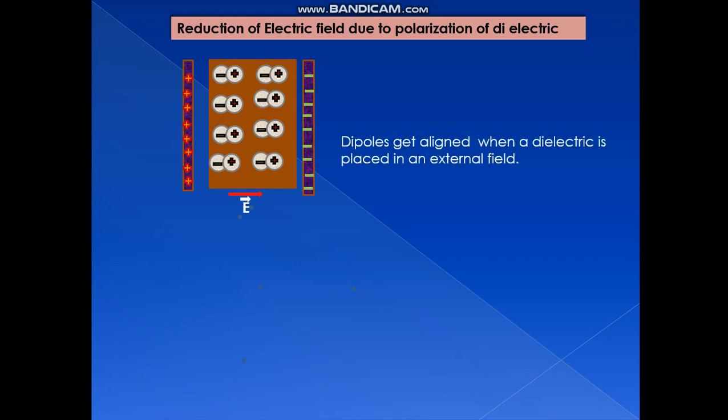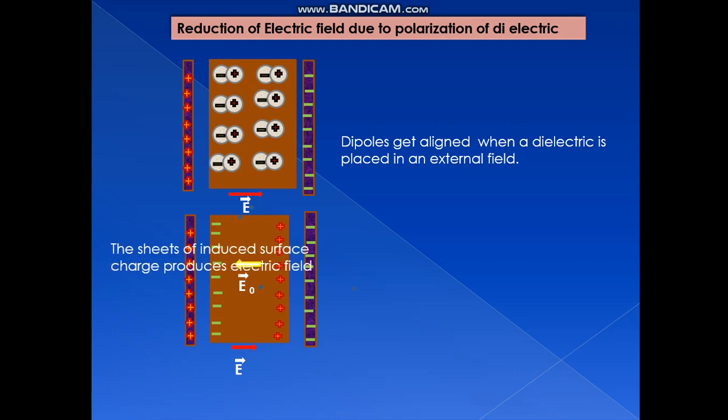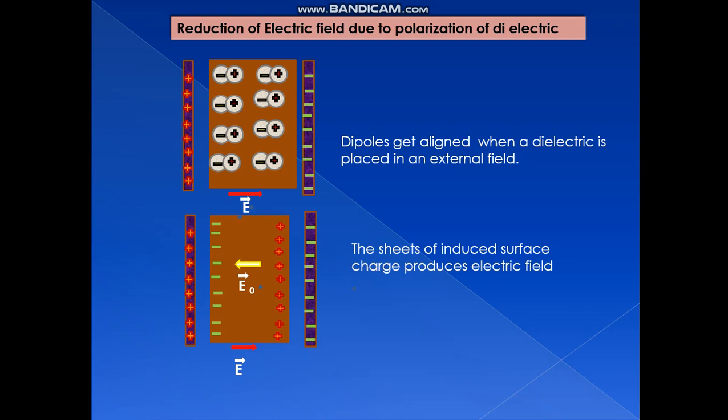So dipoles get aligned when a dielectric is placed in an external field, and they produce a net electric field inside, E naught, reverse in direction to E vector. The sheets of induced surface charge produce an electric field. So E naught is called the polarization field of the insulator.